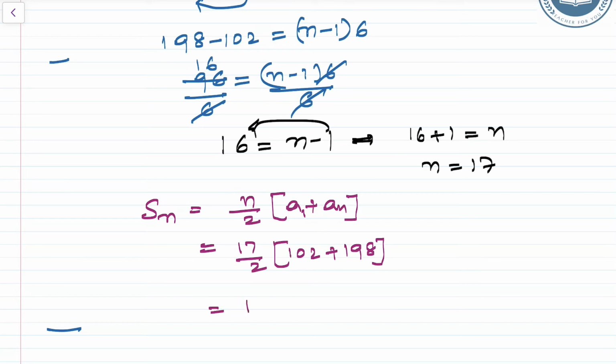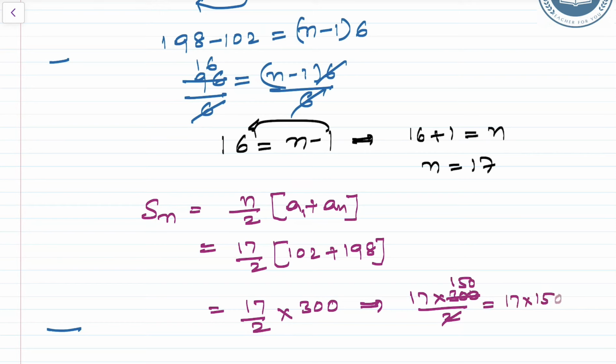So here 17 upon 2 times 300. Simplifying this, 300 upon 2 is 150, so here 17 times 150. Now the value: 15 sevens are 105, 15 ones are 15, 15 plus 10, 25, so 2550.